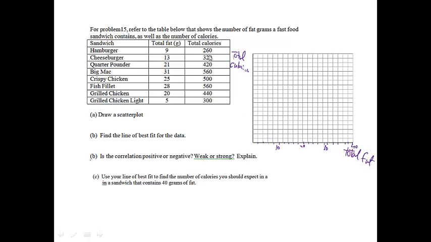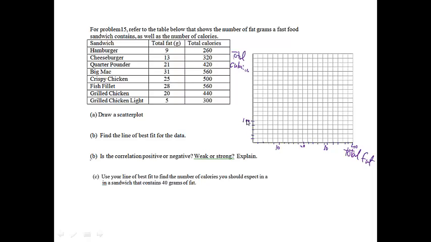All right, and then along the total calories, it looks like the highest one is 560. So let's see, do I want to go by 20s? 20, 40, 60, 80, 100. Nope, that's not going to get me up to 500.